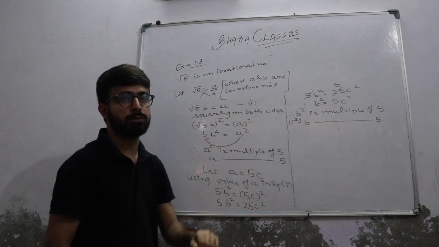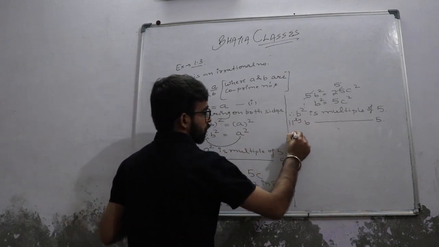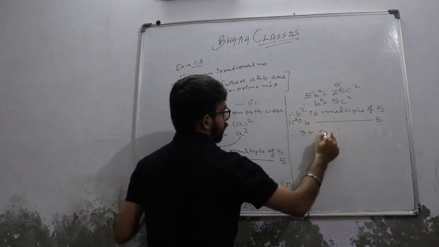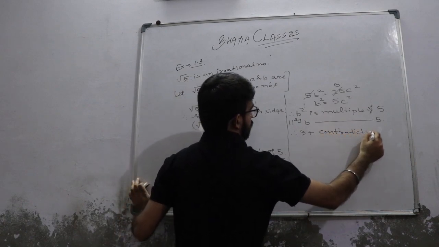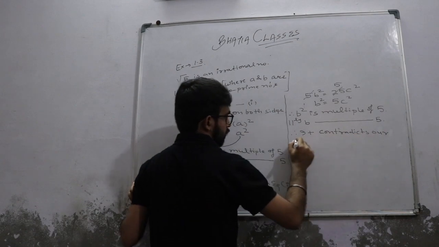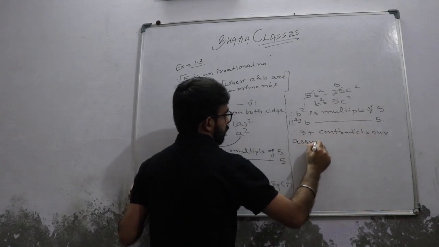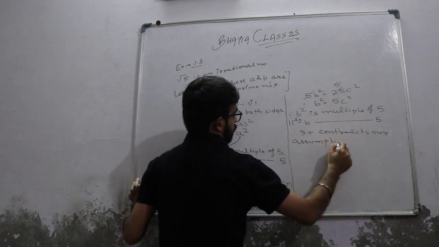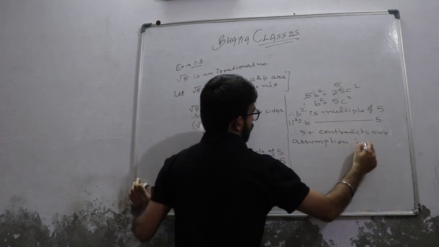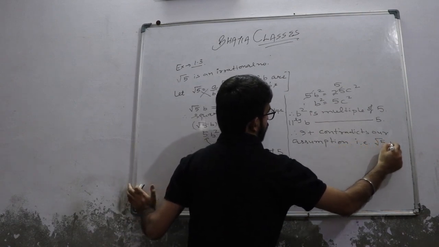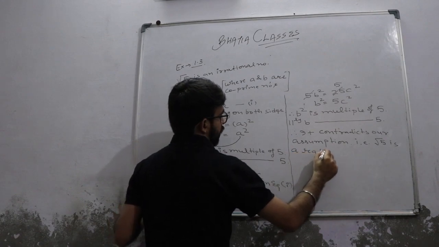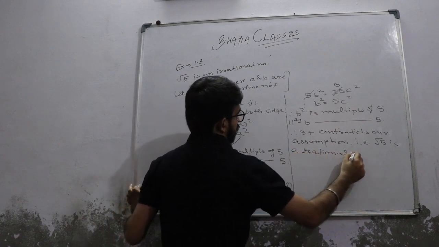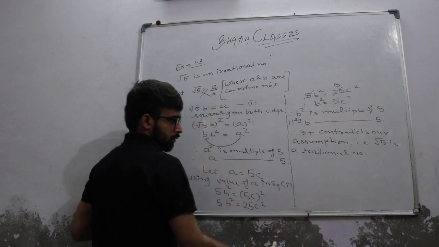This contradicts our assumption that root 5 is a rational number.